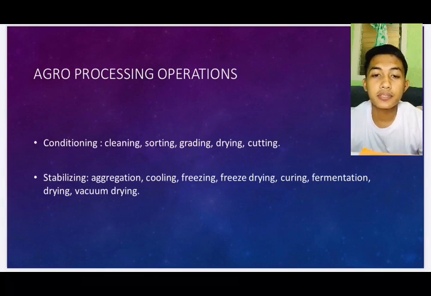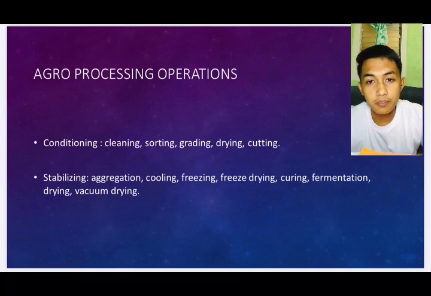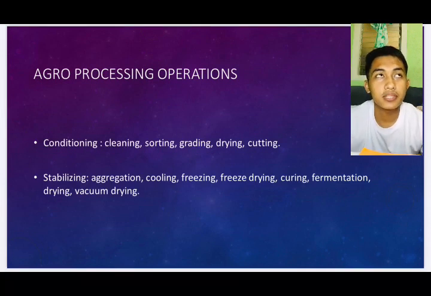So not only does agro-processing provide conditioning, it also provides stabilizing. For example, it stabilizes the product, makes it more storable, and of course gives it a longer shelf life, and also stabilizes the nutritive content and the taste.